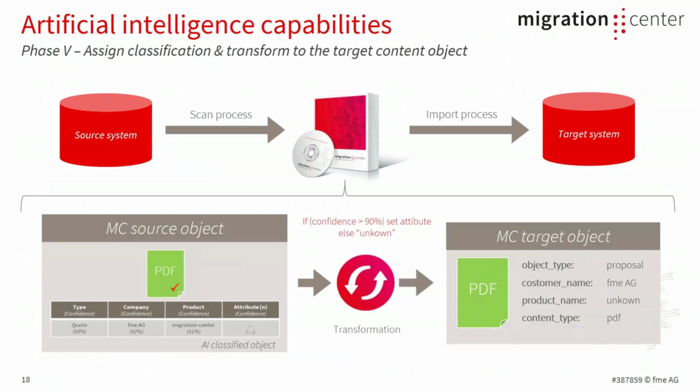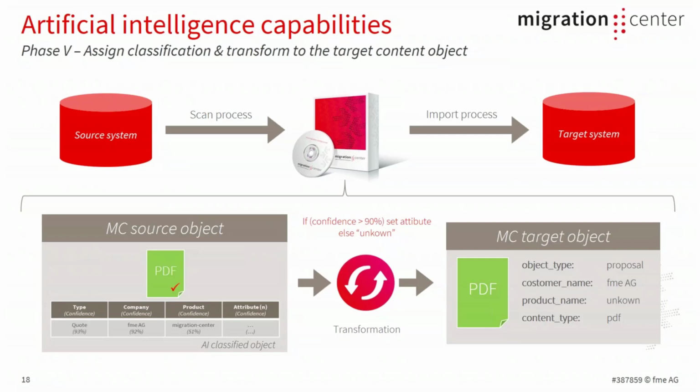And with this classified object, that means the content itself plus the predicted values including the confidence level, you can set up your transformation phase. You can create, for example, an if condition which says: if the confidence level is above 90%, I will trust the trained algorithm and set the attribute value as predicted.